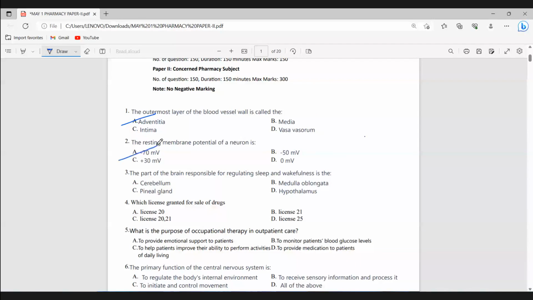Then coming on to the second option, minus 50 millivolts. Already minus 70 they had given you. Note about minus 50.